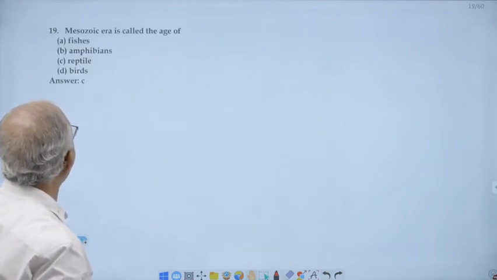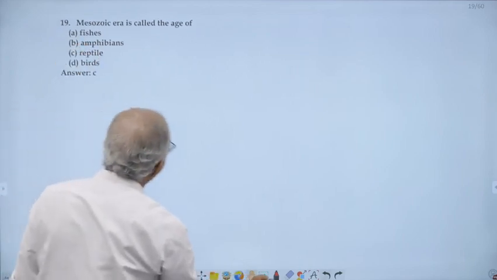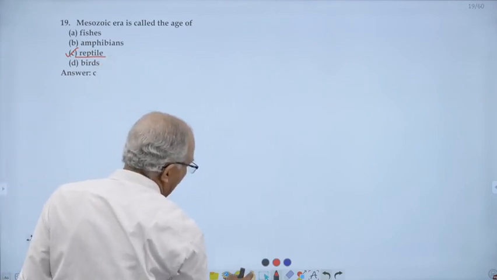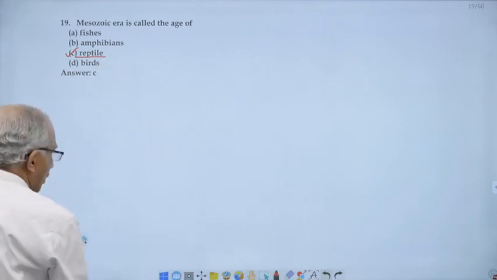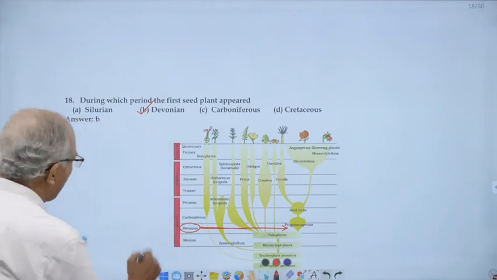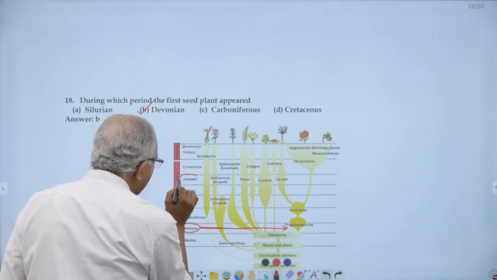Next, which era is called the age of reptiles? Mesozoic era, especially Jurassic period.